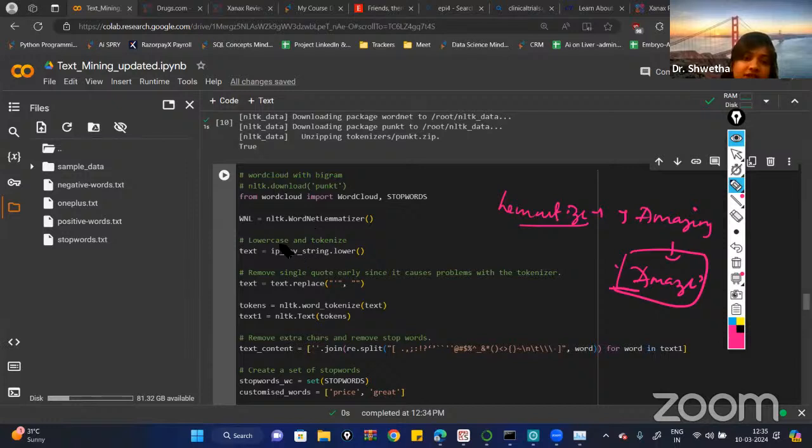Okay. Then we can go for lowercase. I mean, this is a way of normalizing the data. Taking the whole data, this is unstructured data normalization, where you're converting the whole text data into lowercase and then you're tokenizing it.